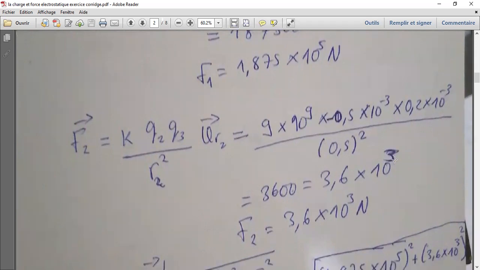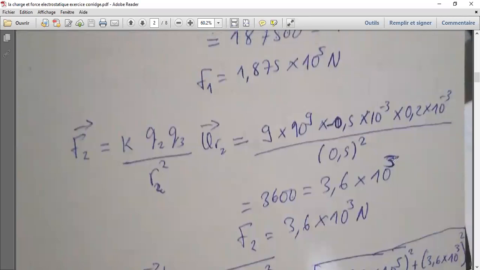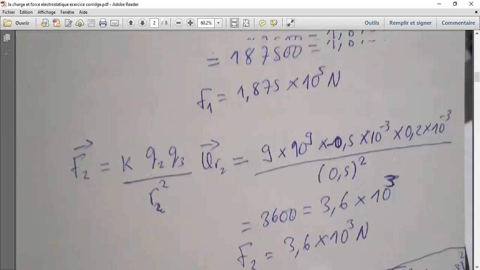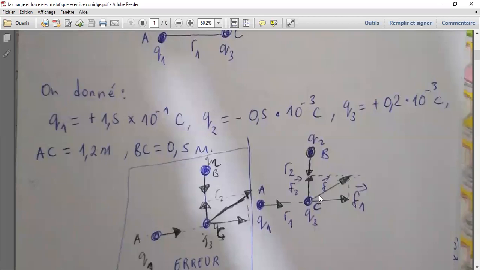So after finding your force 1 and force 2, now you have to calculate your total force. If you see here, this is the total force.